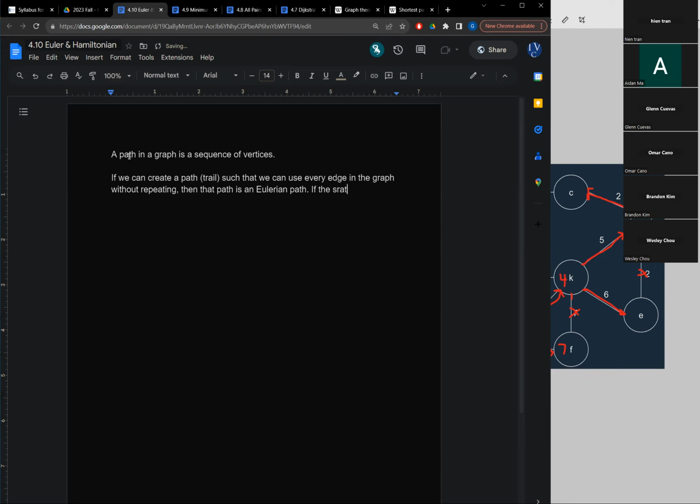If the starting and ending vertex are the same, then that path is a circuit.